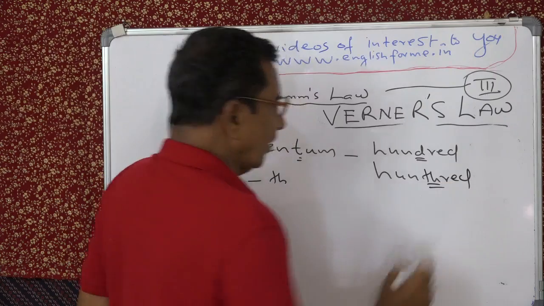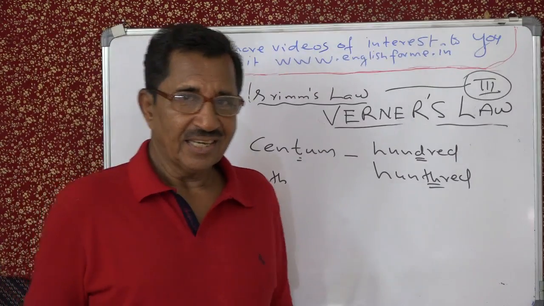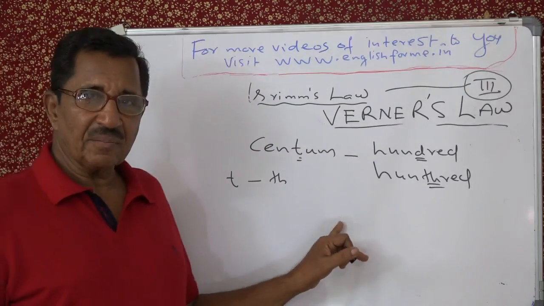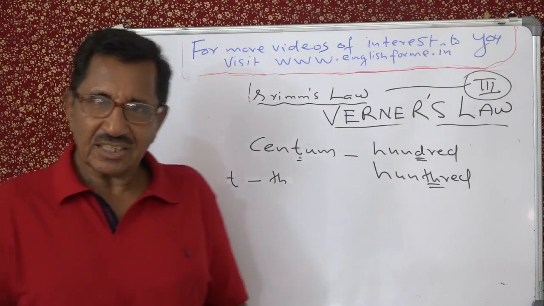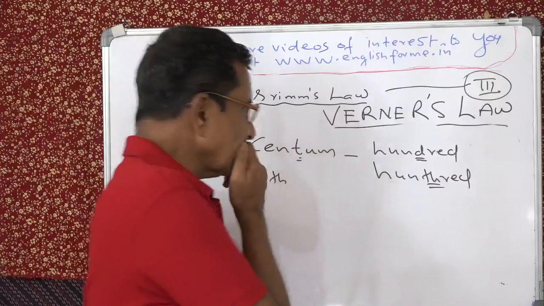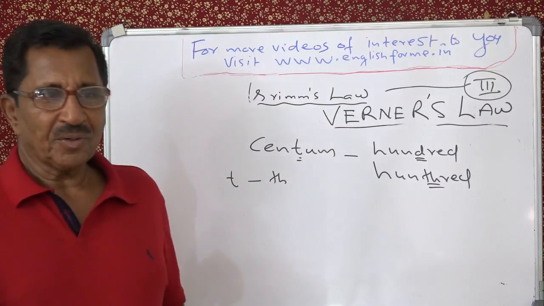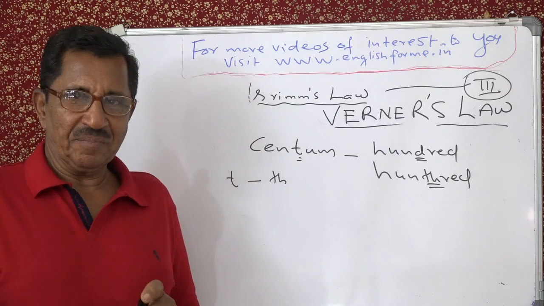According to Grimm's law, it should be 100, not 100. T should become th. Mother, truss, 3, tertius, third. So T has become T. But here it doesn't happen. So what to do? Then there is a problem, discrepancies.